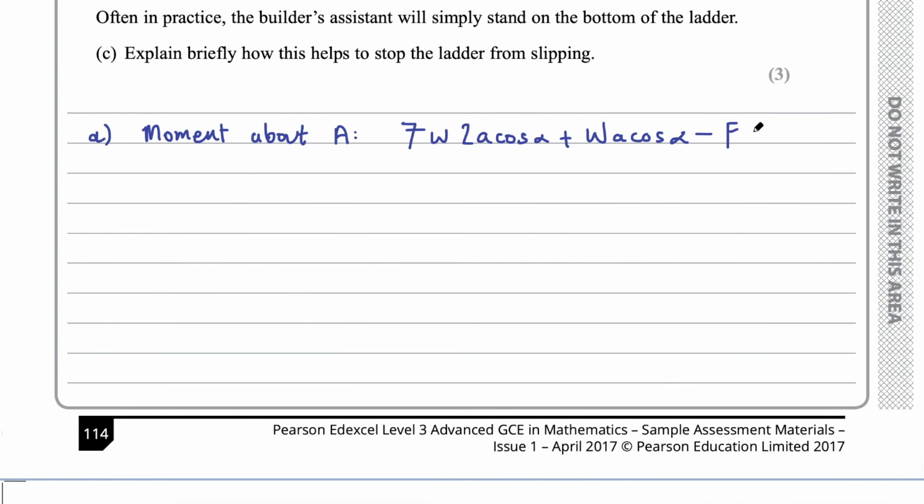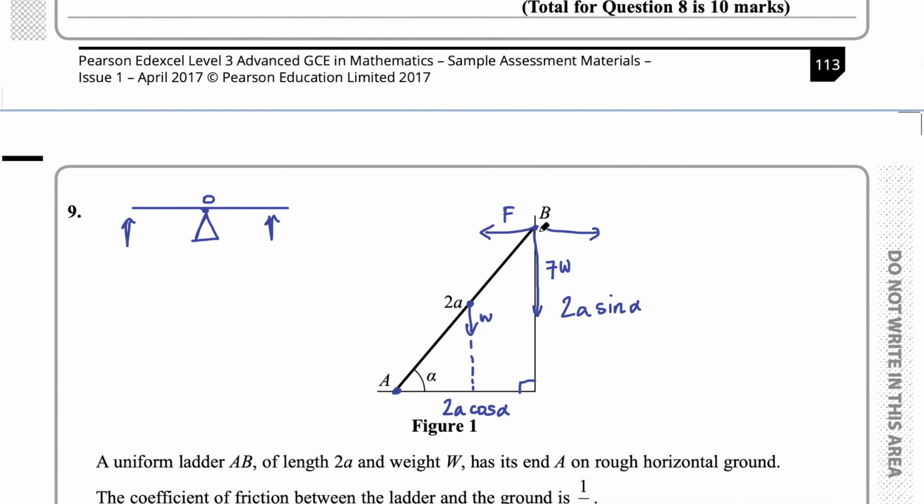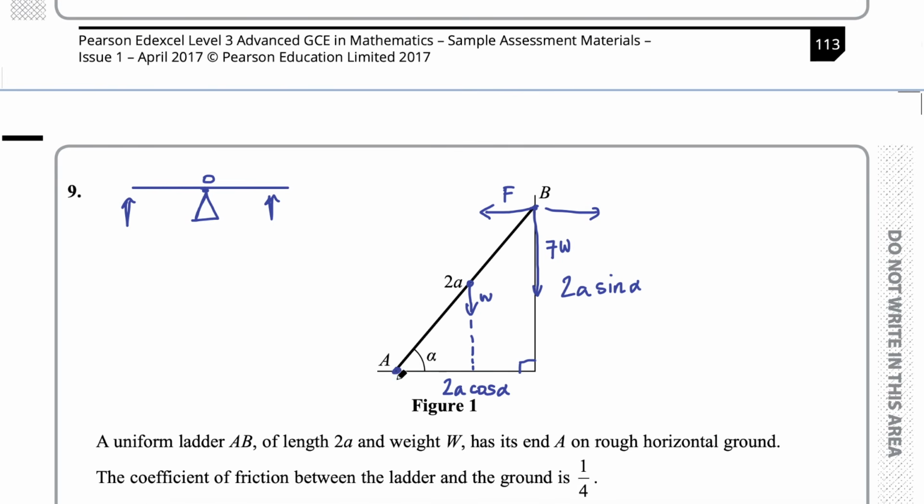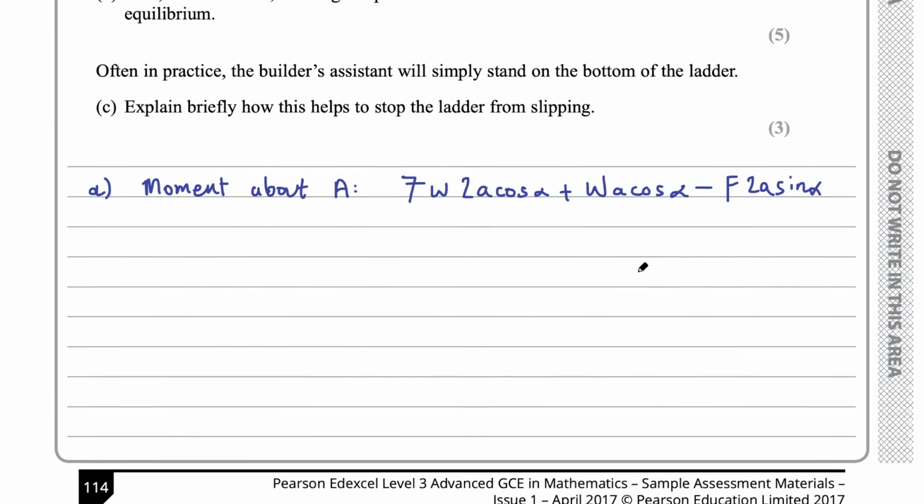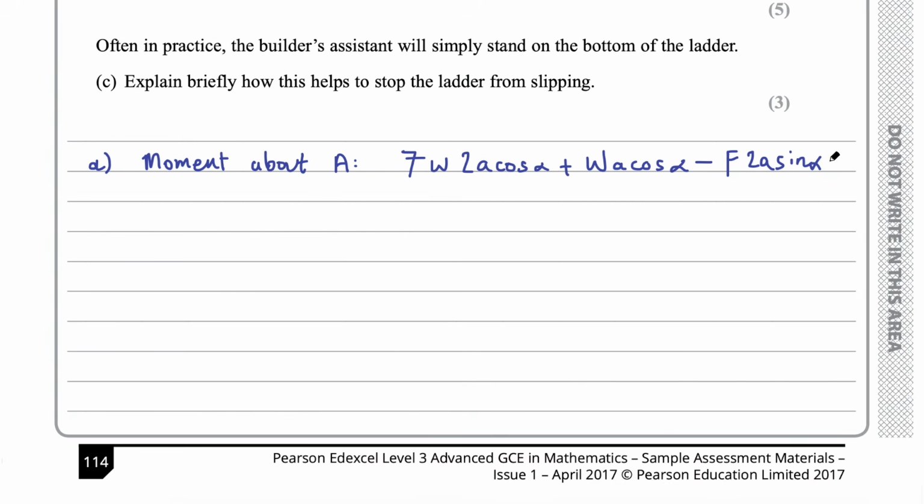So let's just say that's some force F multiplied by the vertical distance. The vertical distance was 2A sine alpha. So this force was shifted down 2A sine alpha, so we need to multiply it by that length to get to A, and all of those moments should add up to 0.